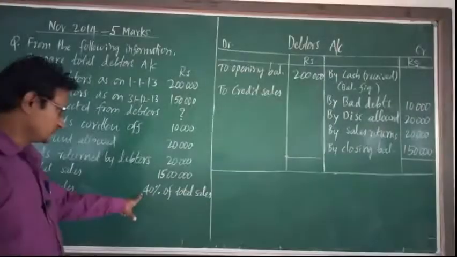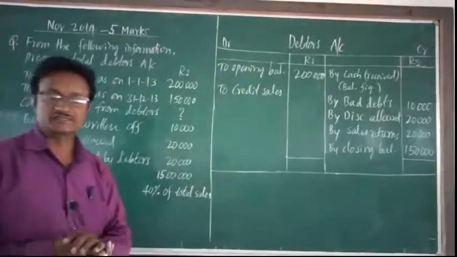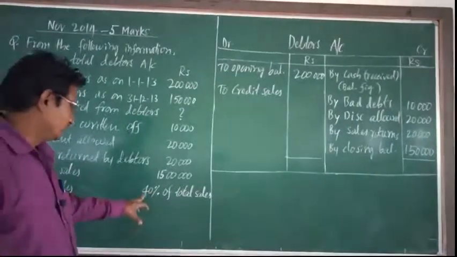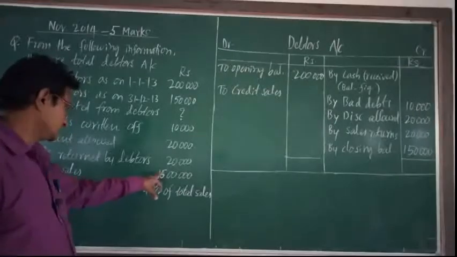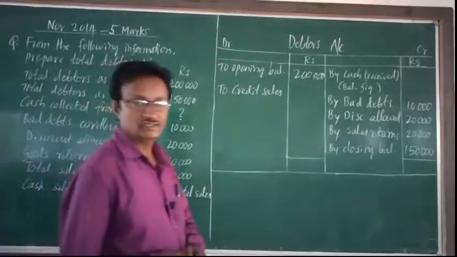Cash sales is 40% of total sales, which indicates the remaining 60% will be credit sales.